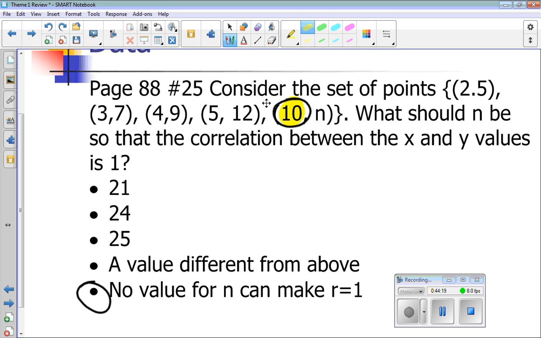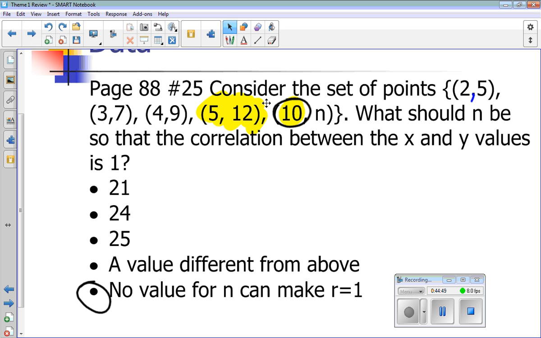It's the last 2 that mess us up. I don't like it because it's mad. The first 3 are perfectly linear as long as you do this, right? And so it's the 5, 12 that we don't like. Okay? All right, I wanted to at least talk about that.